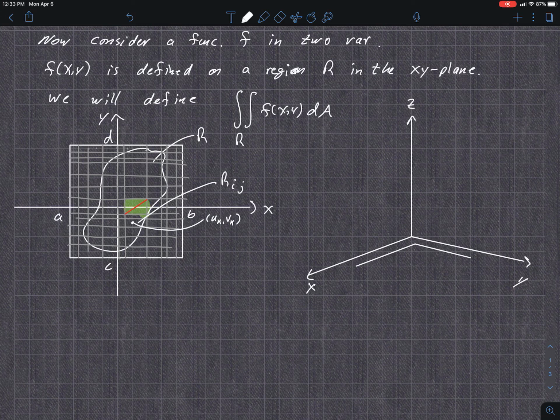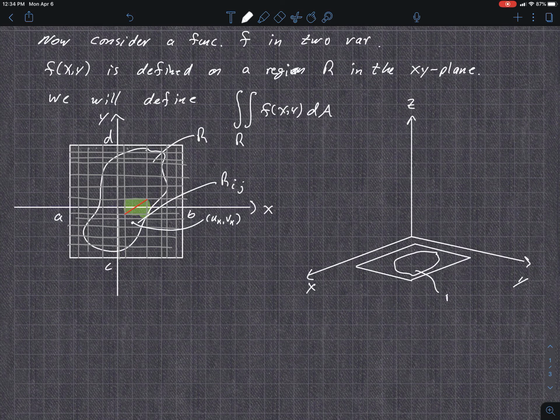We'll try to match that picture, and that needs to be parallel. What we could do is just copy that and paste it over here, so it's the same exact length. And then the same thing with that one. We copy that, paste it here, and then you get that rectangle in there. So the region is inside that. Not the exact one, but you get the idea.